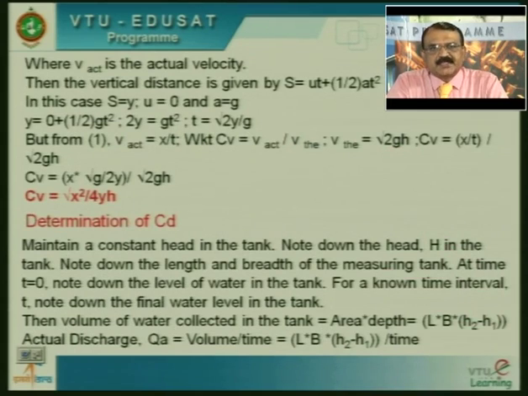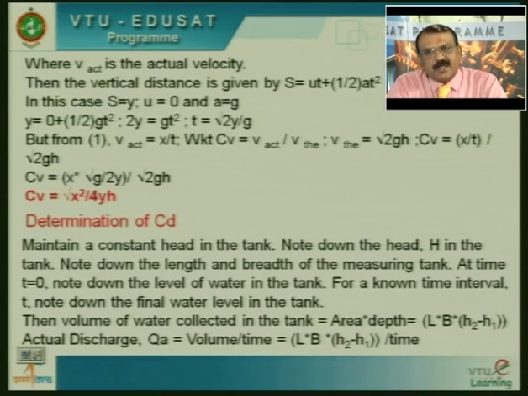What is the vertical distance? Kindly go back to your high school where you studied these equations. S is equal to ut plus half at square. Now, in this case, what is the vertical distance? Vertical distance we represented as y. Therefore, I am going to replace this s by small y. What is the initial velocity? Initial velocity is 0. Now, what is a?